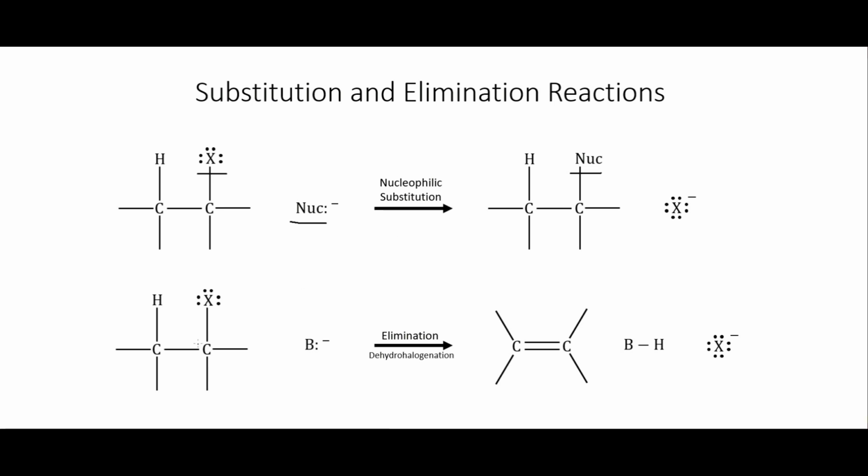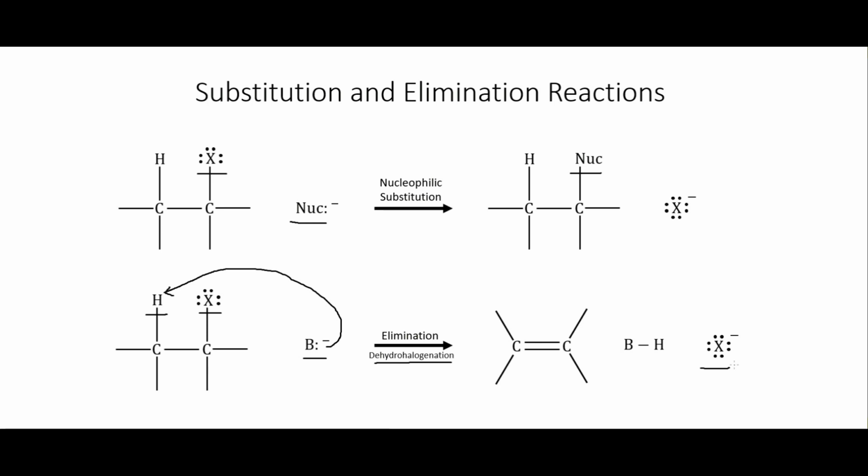Then with elimination, we have this halogen and this hydrogen leaving, and that particular one is called dehydrohalogenation. This base is going to be taking that hydrogen, it extracts that, and then the halogen leaves from here. So that's the elimination right there to produce this double bond.